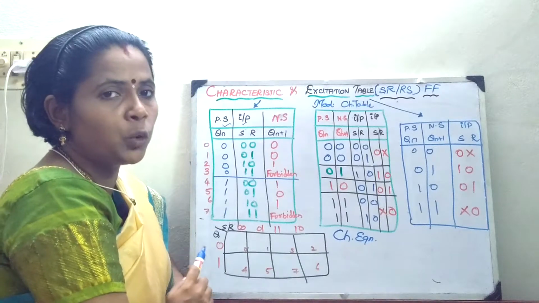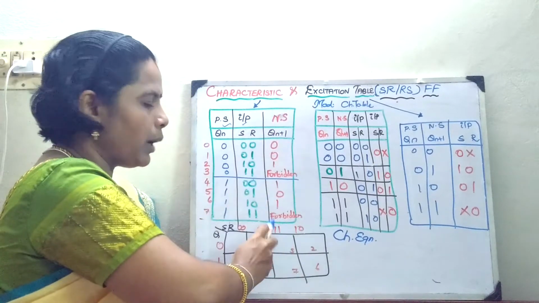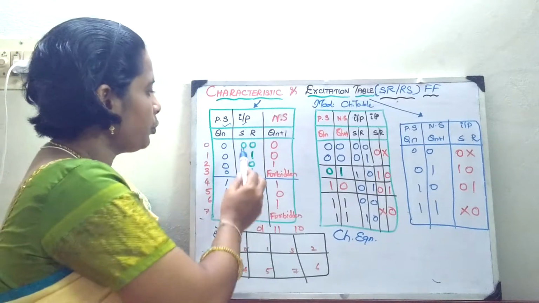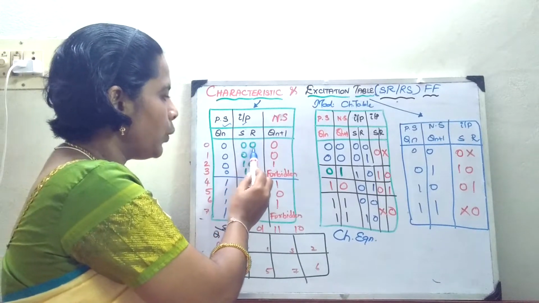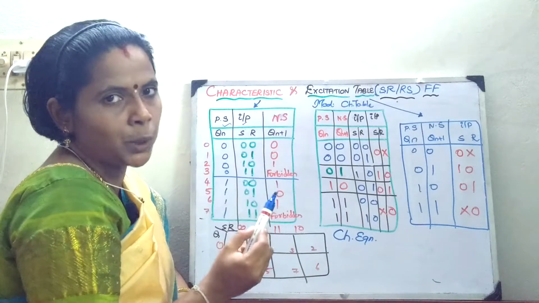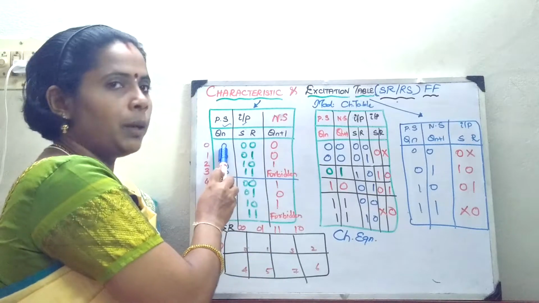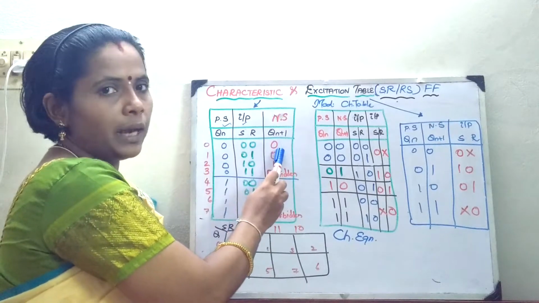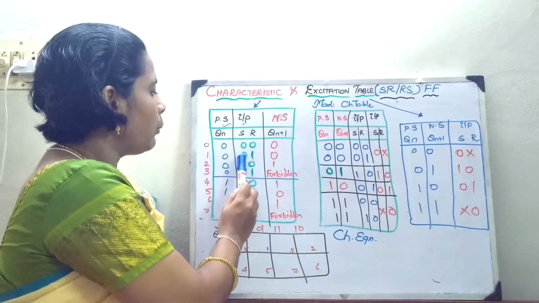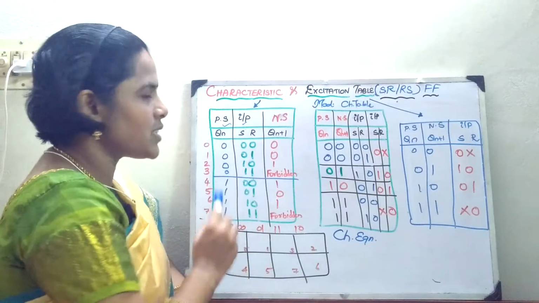Now, knowing the truth table of my SR flip-flop, I am going to compute my next state. When my inputs are 0, 0, what is the condition? It is a no change condition. Whatever is the input, the same is at the output. When the condition is 0, 1, it is a reset.